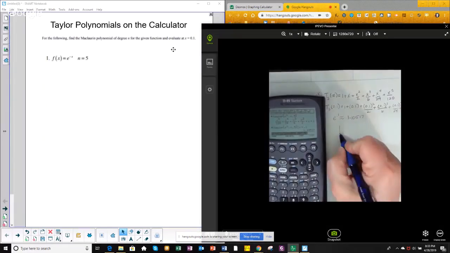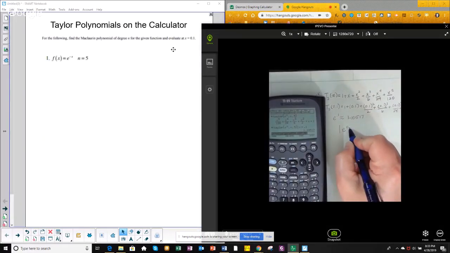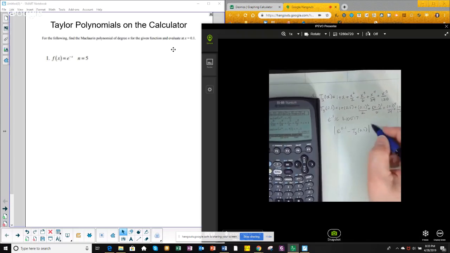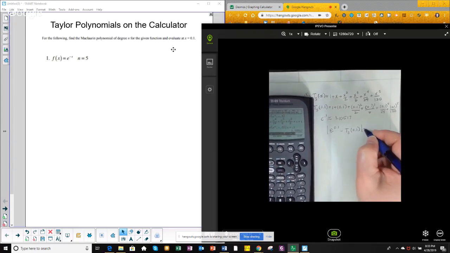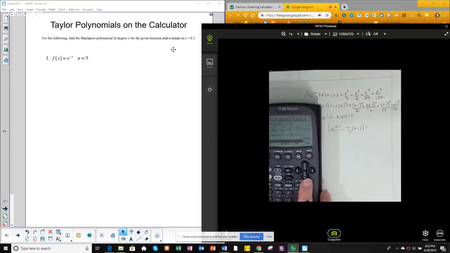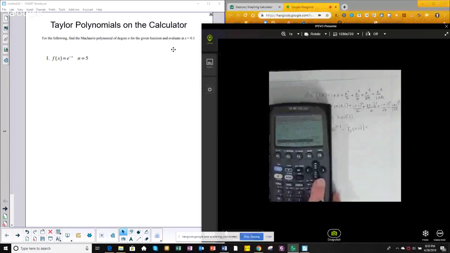Well, the actual error is going to be e to the 0.1 minus T, the Taylor polynomial of degree 5 evaluated at 0.1. This is going to be the actual error, the magnitude of the error anyway. All right, so let's see what that's going to be. I'm going to clear this out.